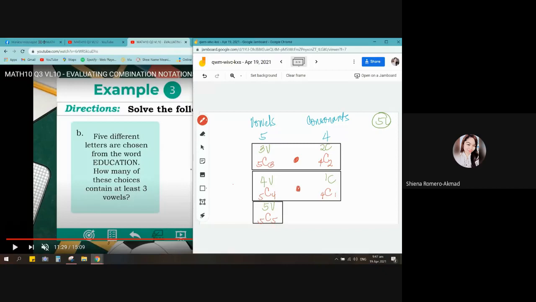If either of them will happen, we will add. So, get the value of this first. What is the value of this? That is combination of 5 taken 3 times combination of 4 taken 2.